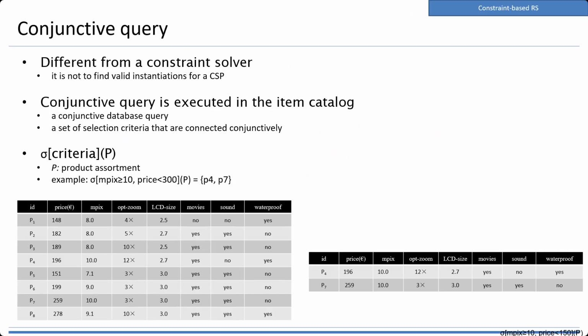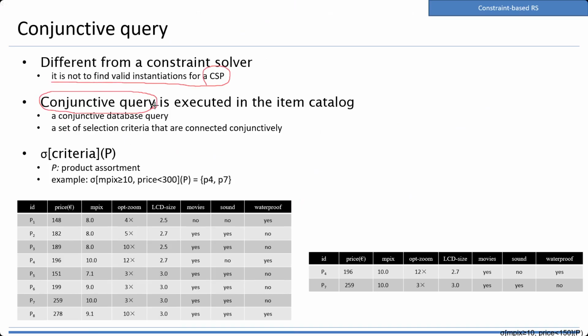So let's just look at how we can do the query with simple conditions. The conjunctive query is different from the constraint satisfaction problem. It is different from the constraint solver. In this case, it is not to find a valid instantiation for the CSP. So we don't need to do the constraint satisfaction problem in this case. We just do the query.